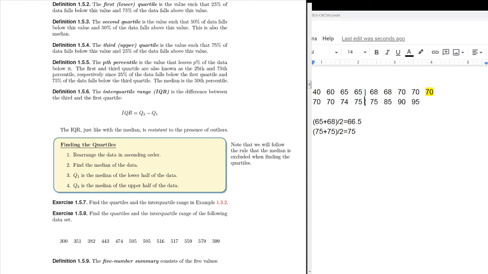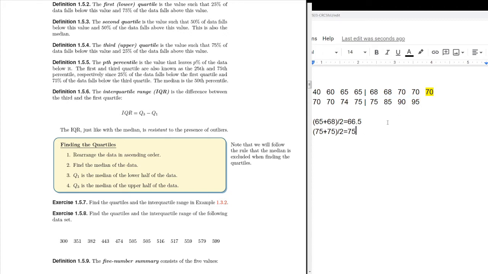And the third quartile, which is 75, sits in between these 2 values here. The third quartile separates the lower 75% of data from the upper 25% of data.